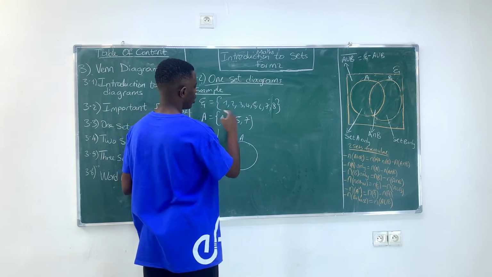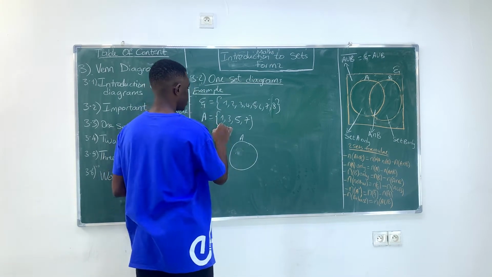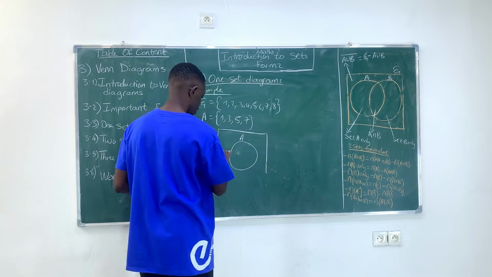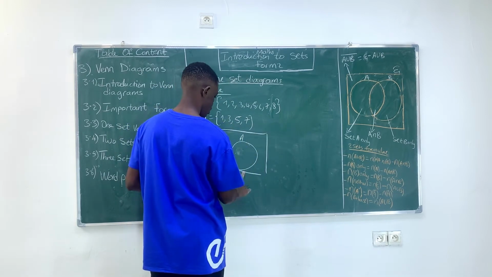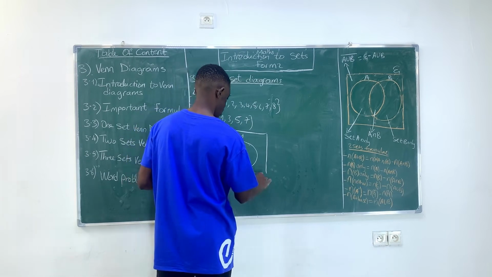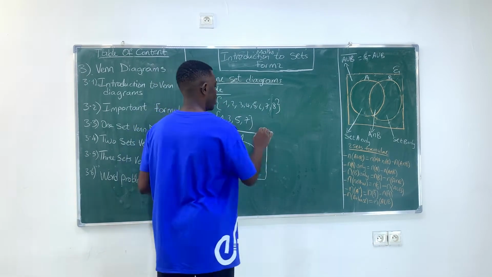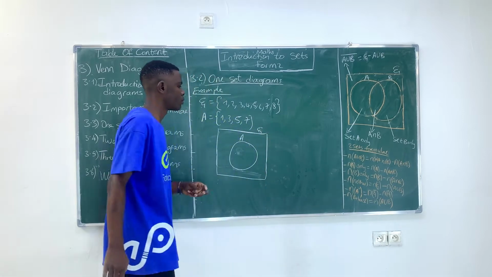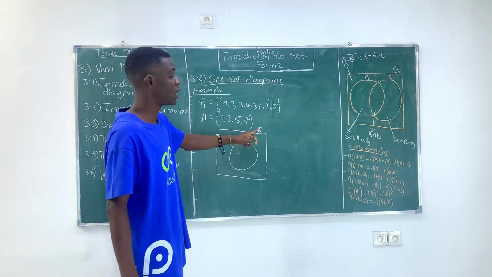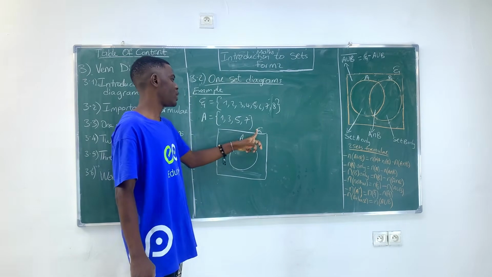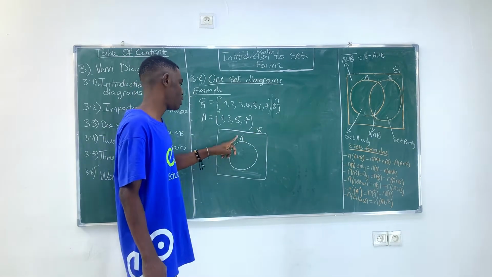Since there is no other set, we have our universal set there, so we draw the box. You always write your zeta, the universal set, here and your A outside of it.